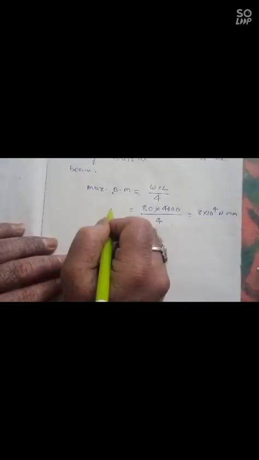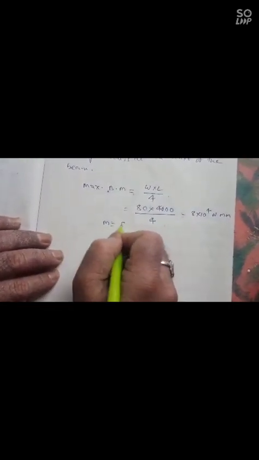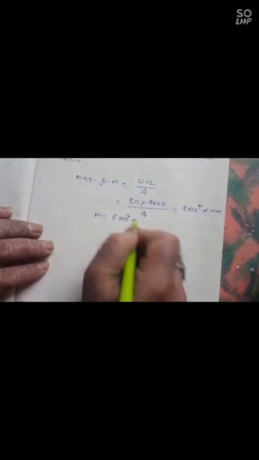So maximum bending moment M equal to 8 into 10 to the power of 4 Newton millimeters.